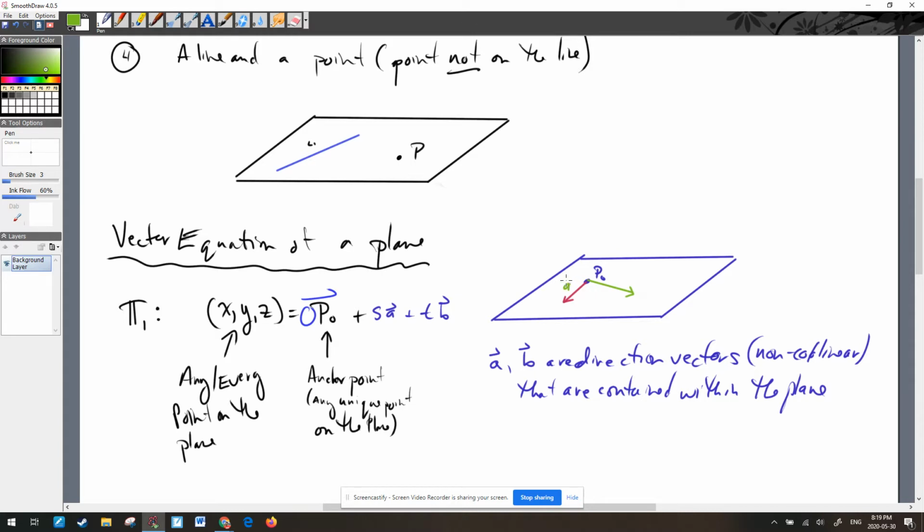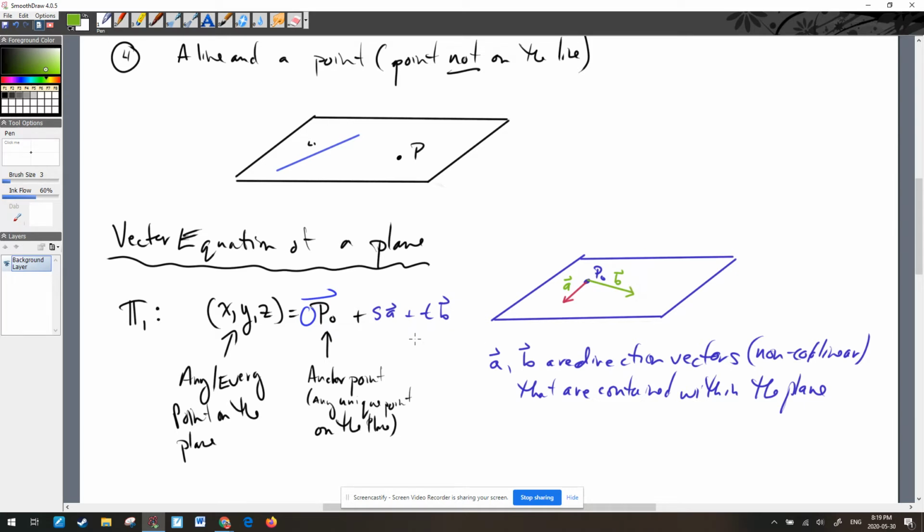So this could be direction vector A, and this could be direction vector B. And it says, okay, we get out to the plane, P naught's on that plane, and as long as you follow any combination of A or B, you're still going to be on that plane. And because A and B are non-collinear, they form a spanning set of all of the points on this plane.